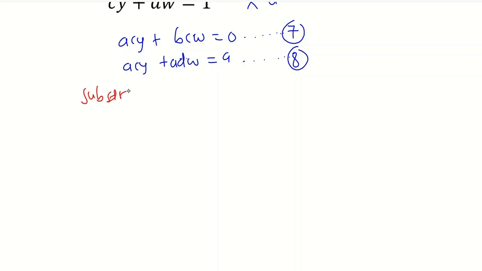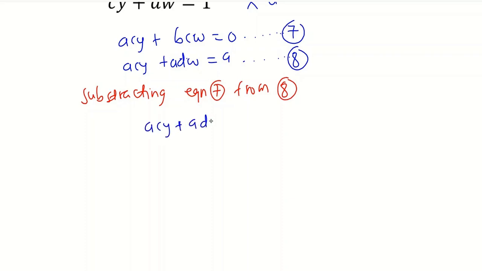Subtracting equation 7 from 8, we are going to have ACY plus ADW is equal to A, minus ACY plus BCW is equal to 0.